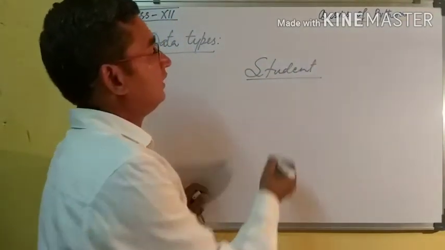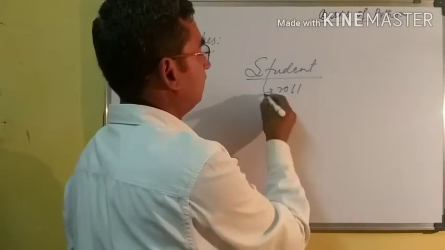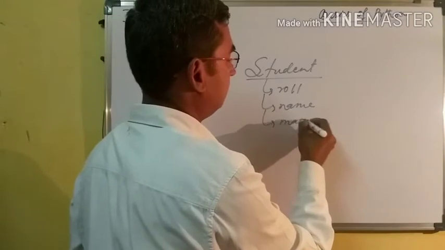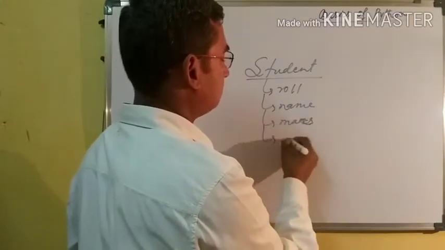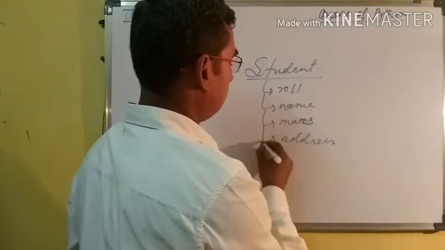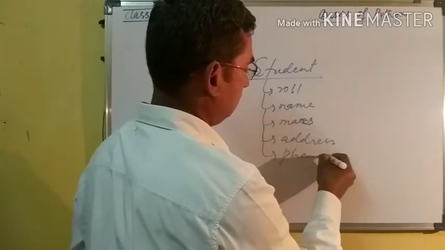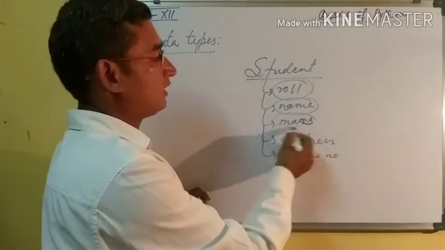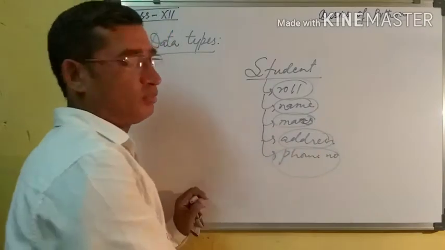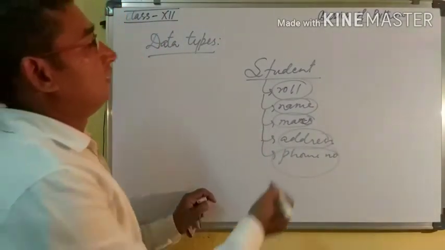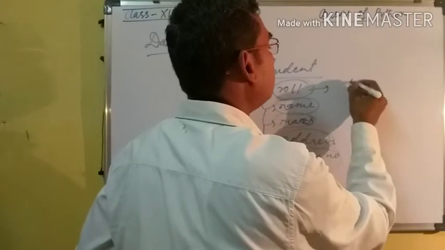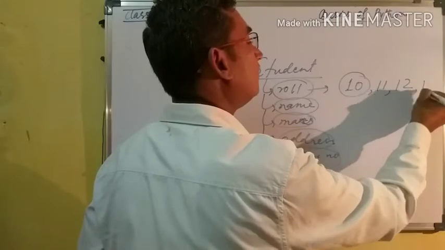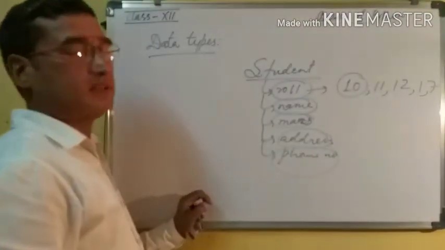If there is a student, then a student has a roll number, name, marks, address, phone number. You can see this is a roll number, name, marks, address, phone number. A lot more things can be here. Roll number is always in this form: roll number 10, roll number 11, roll number 12, roll number 1, roll number 7.